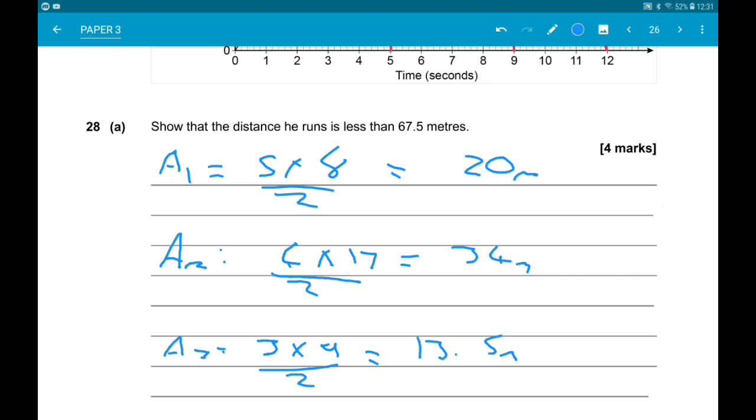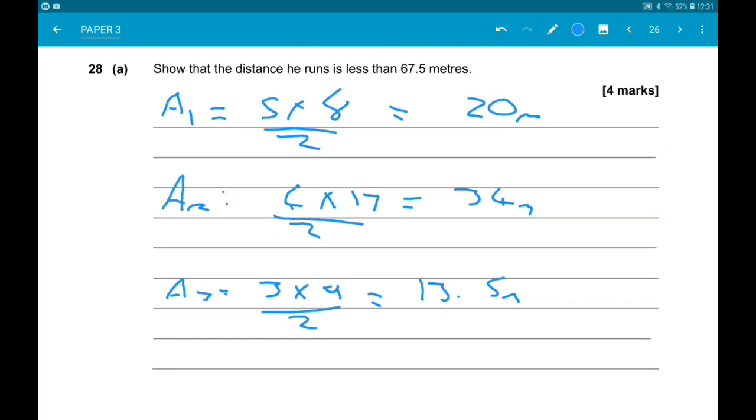So the total is 20 add 34, which is 54, add 13.5, which is 67.5 meters.